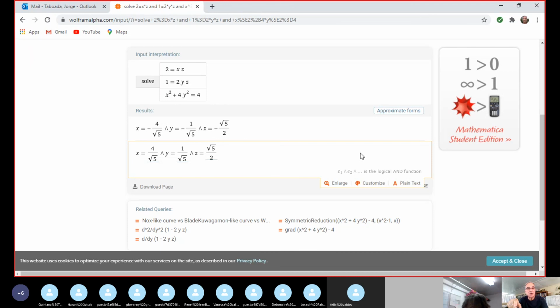And z is equal to minus radical 5 over 2. And the second point is exactly the same, but with the opposite sign. End of the story. Did you do it in Wolfram Alpha? Yes, sir. Okay. You have no problem in Calculus 3.